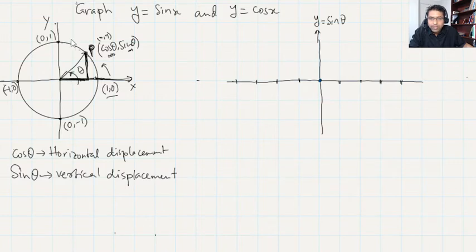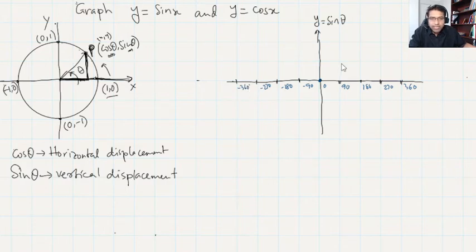Another point you will get is when you reach the 90 degree position. If I quickly write down 90, 180, this is 270, and this is 360, right? Same way, negative 90, negative 180, negative 270, and negative 360 degree.